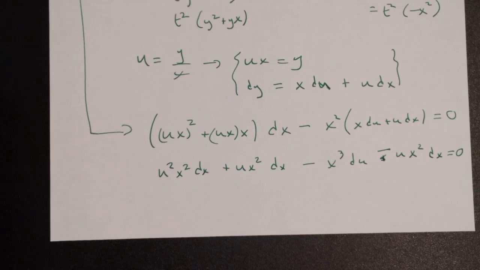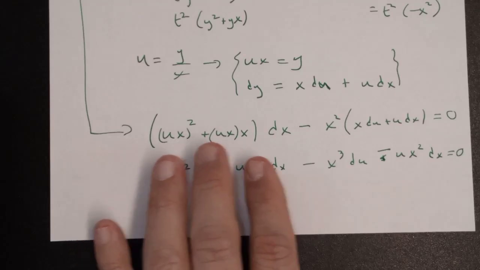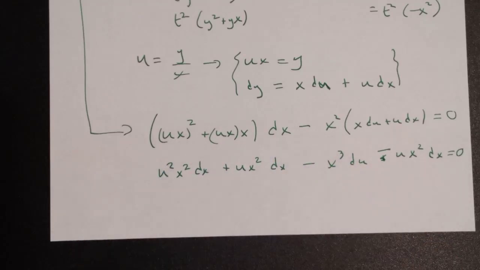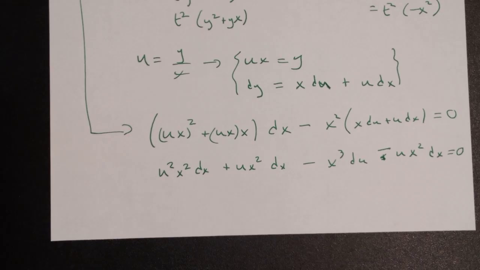Ux quantity squared becomes u squared x squared, and that's times dx. Ux times x is ux squared, also times dx. That multiplies out all these terms over here. Over here, I subtract x squared times x times du, that's x cubed du, and then x squared times u dx. That's here. What wonderful thing happens?